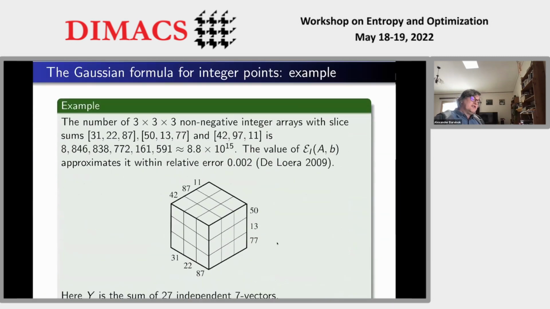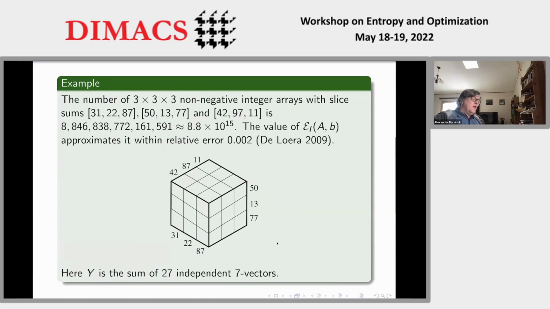But then here's another example. This time we have cubic arrays, 3 by 3 by 3, so 27 cubes altogether, with slice sums. So these are sums not over skewers, but over slices by planes. And here they are. And the exact number, again computed by Jesus, is that.